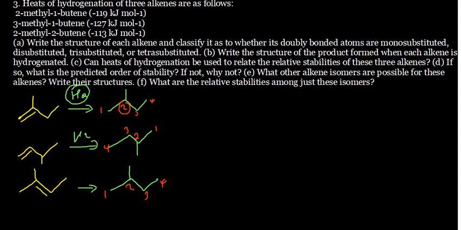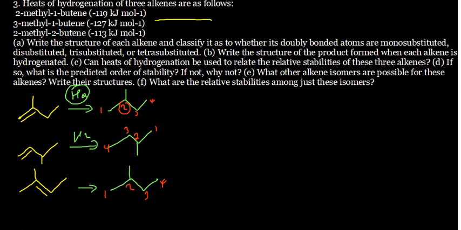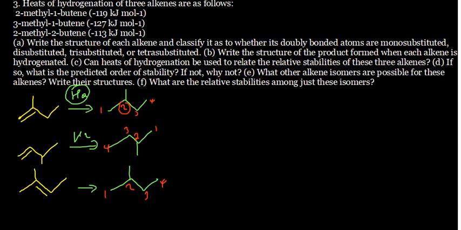If not, why not? So from the heats of hydrogenation, we expect that the most stable is going to be this one. This will be the first. The second one is going to be the second, and then the next one is going to be this one.